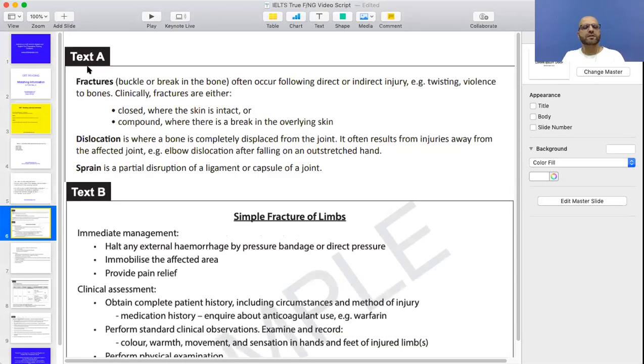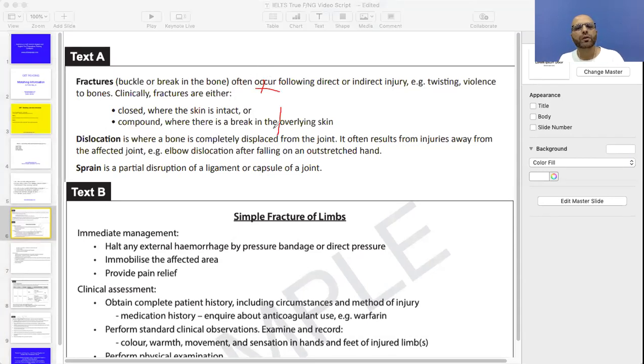Let's talk about fractures here. Buckle, break the bone. Does it talk about the procedure of splinting? No. Or the process of splinting? No. Dislocation, it might talk about dislocation majorly, but doesn't seem to have any connection with the question itself. So let's ignore it. And sprain is a partial disruption of a ligament or a capsule.